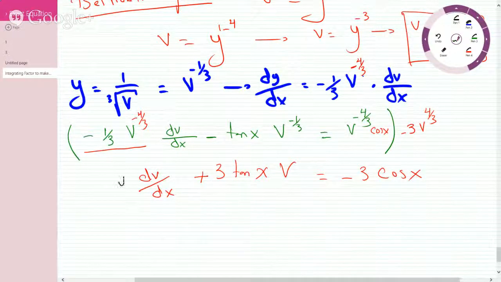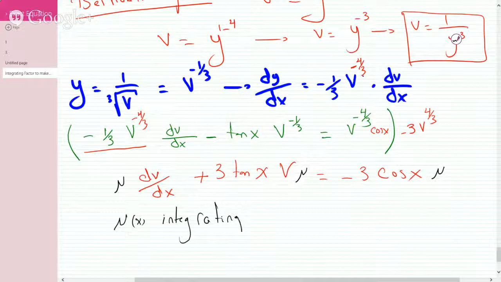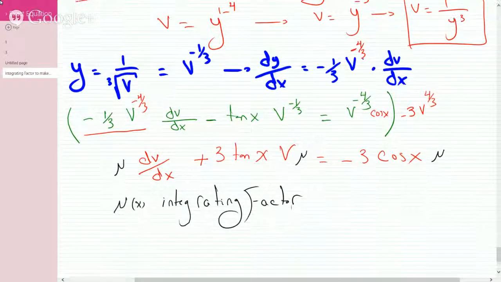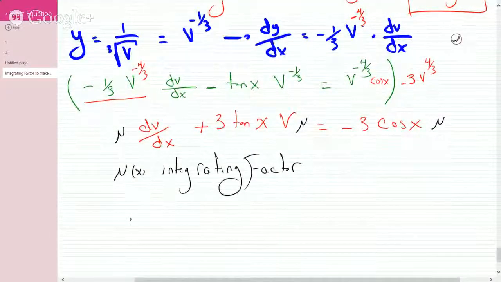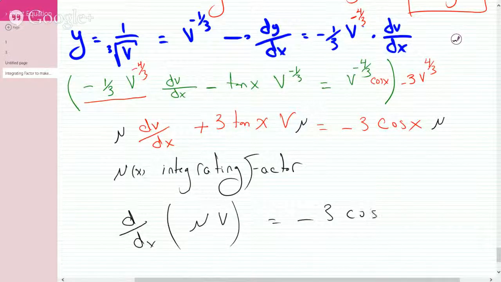So let's multiply this by mu, this by mu, and this by mu, with mu of x being the integrating factor. So after we do the transformation, we need to use the integrating factor method to solve it. So then the right hand side of this is just d over dx of mu v has to equal minus 3 cosine x times mu.